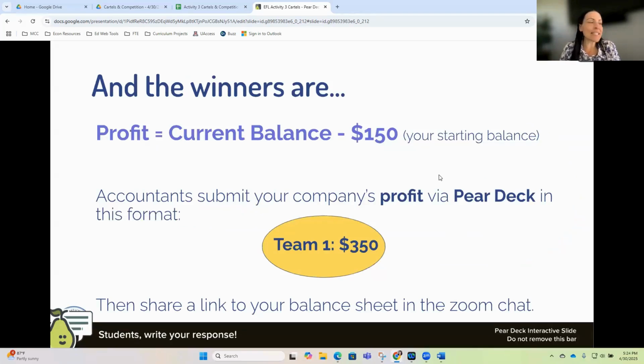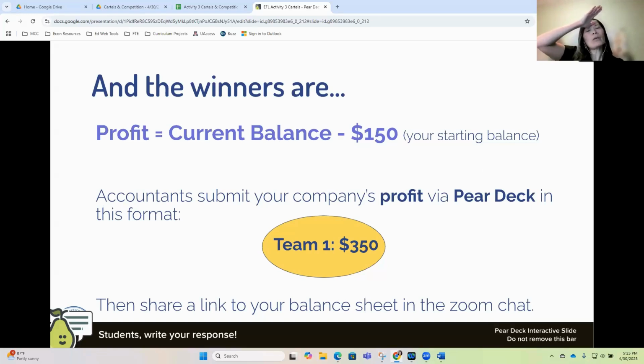All right, let's go on your Pair Deck. Whoever the team captain or accountant is, probably the accountant because they'll have the balance sheet, go ahead and enter on Pair Deck your profit. So your balance at the end minus 150. All right, Debbie, you can ask a question.